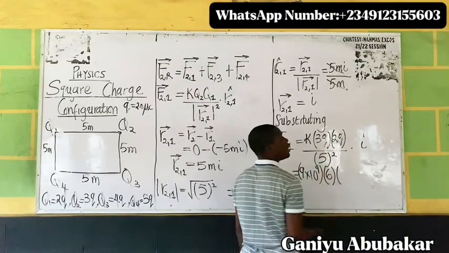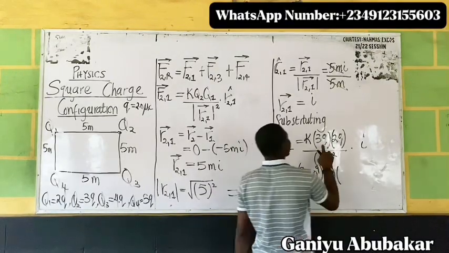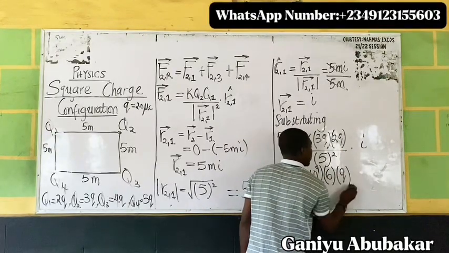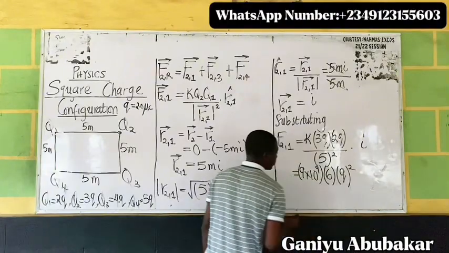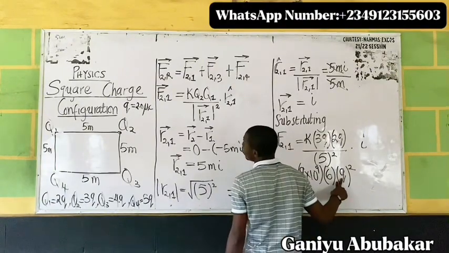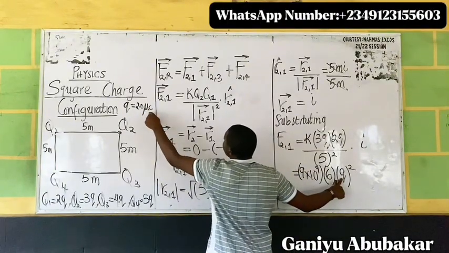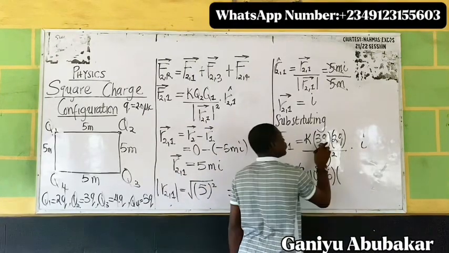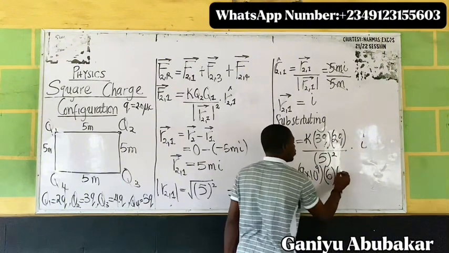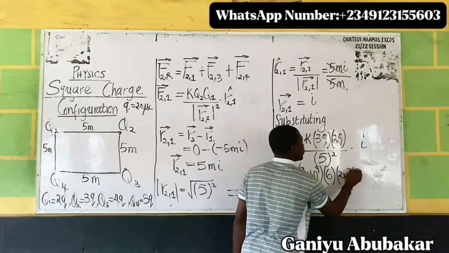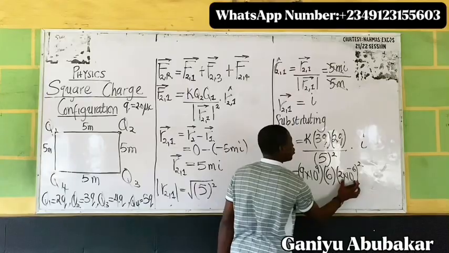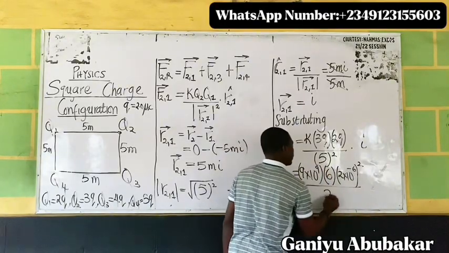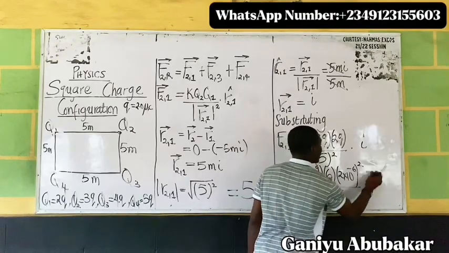Q initially was 2 microcoulomb, so I change it to save time. For Q, 2 times 10 to the power minus 6, then all squared, all over 25, dot i.